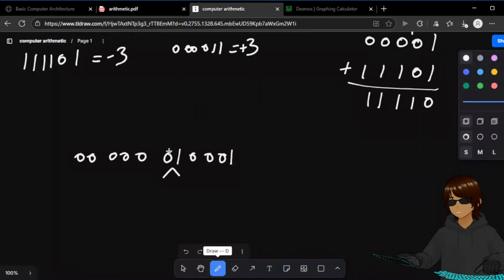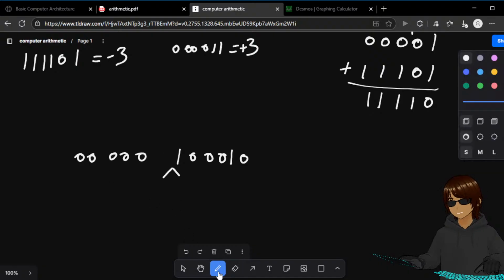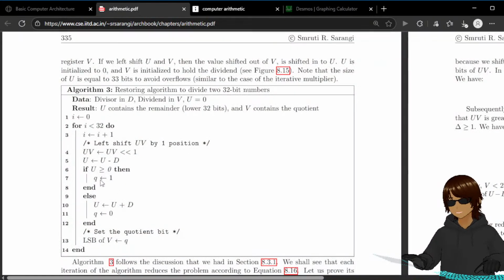I think this is 2's complement. So this plus minus 3 gives us a negative. So nothing will happen to U, right?